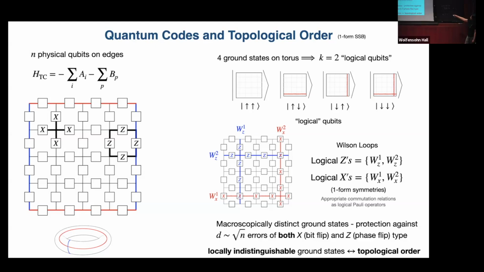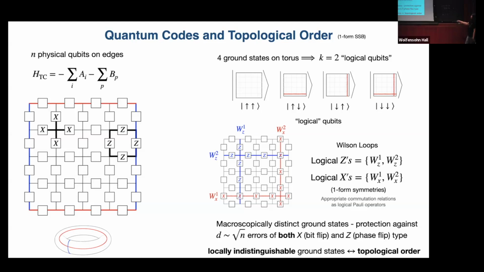Now, if I act with one of these operators here, that flips a whole line of qubits in the Z basis, and that's a different logical state. And you have 4 such logical states.